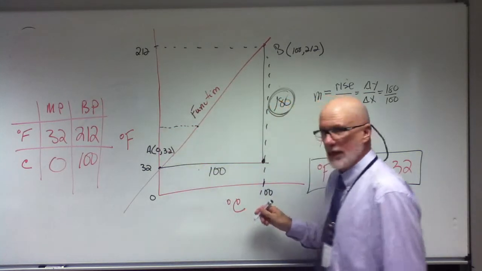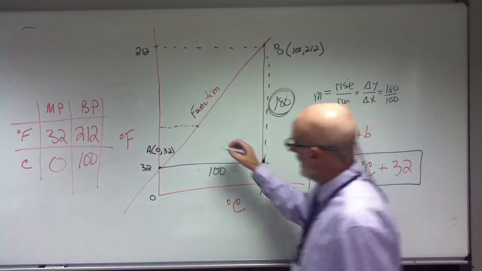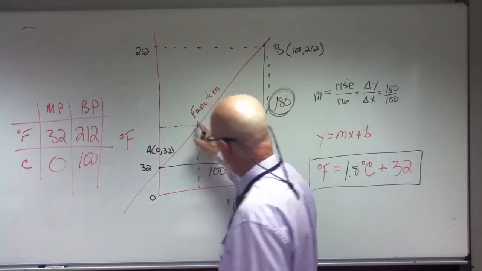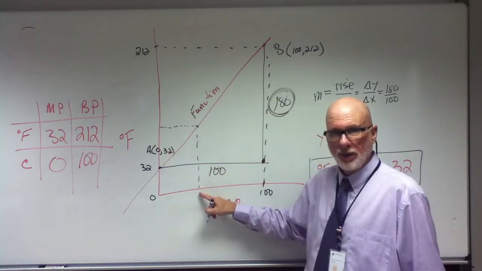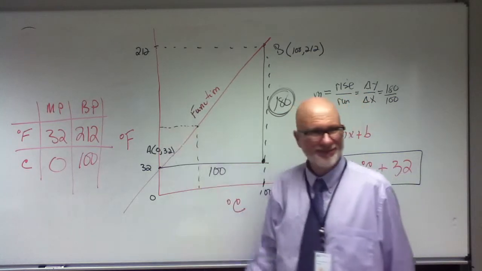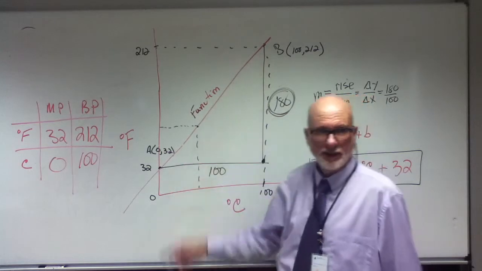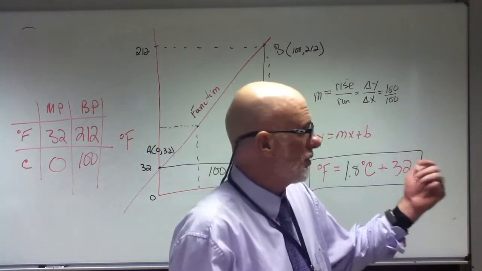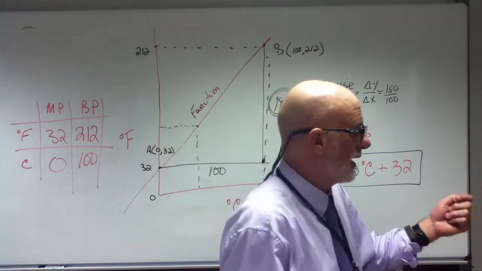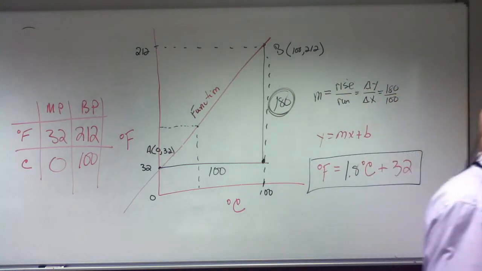So this equation allows me to do that. I can pick any known point here, plug it into the equation and get that. Any point on this line I can do that with. Clear?